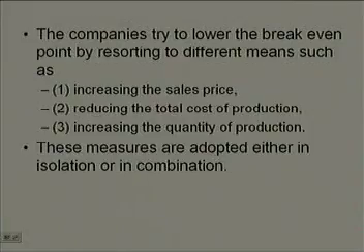Now, these are the three important ways through which companies try to lower the break-even point. These measures can be adopted either individually, that is in isolation, or they can be applied in combination also. For example, in one case they may simply increase the prices. In another case, they may simply try to reduce the cost.